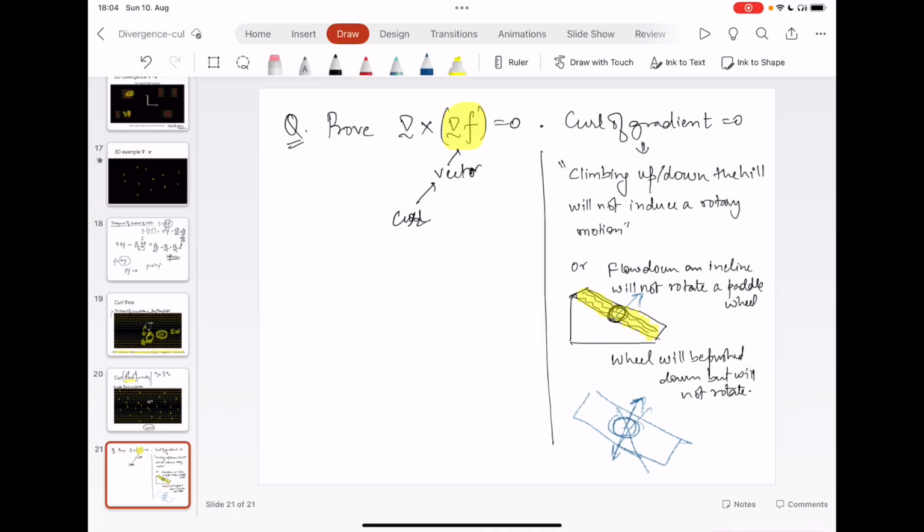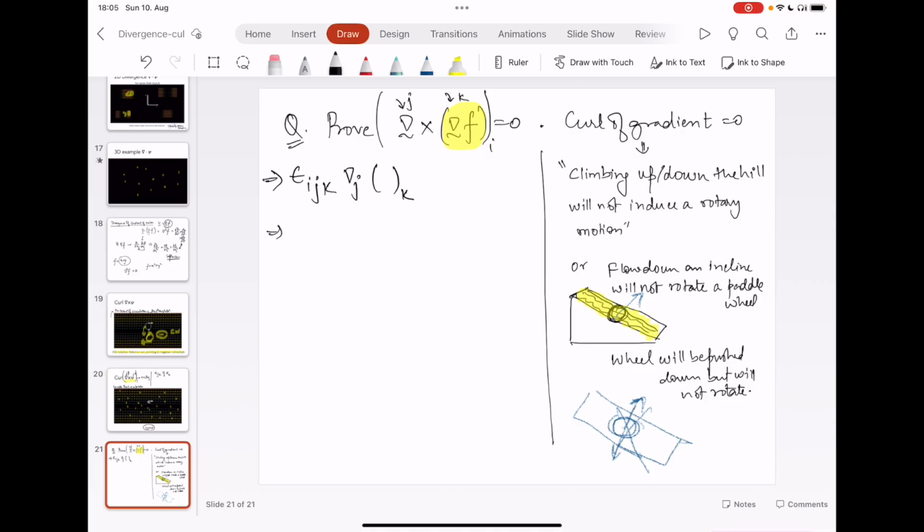Okay, so let's prove that it's always zero. Using Einstein notation, it's pretty simple. You can just write epsilon i j k del j, this bracketed term k. So we assigned this j, we assigned this bracketed term k, and we assign everything as i, and therefore we write this.